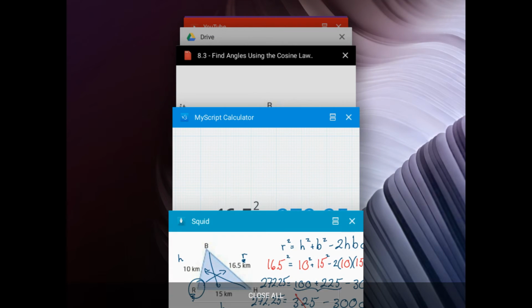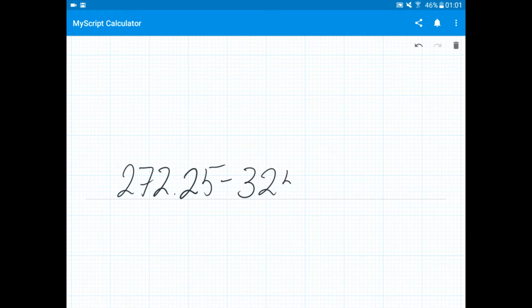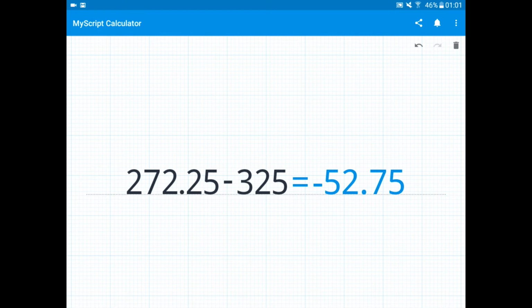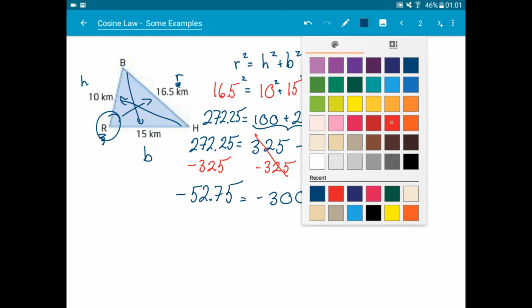Okay, now going over here, we're just going to do 272.25 minus 325, and we get minus 52.75. Don't lose your negatives. Really important.